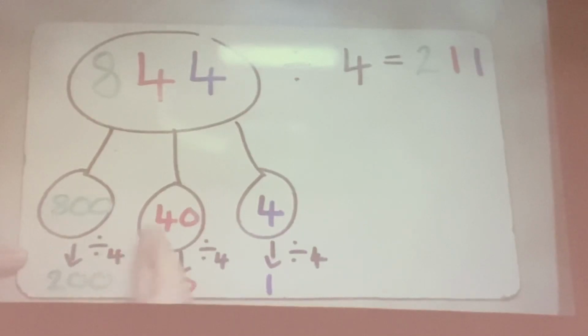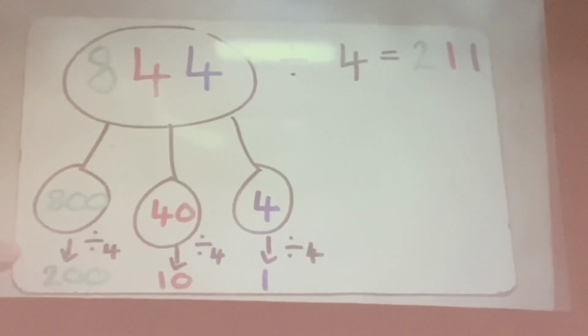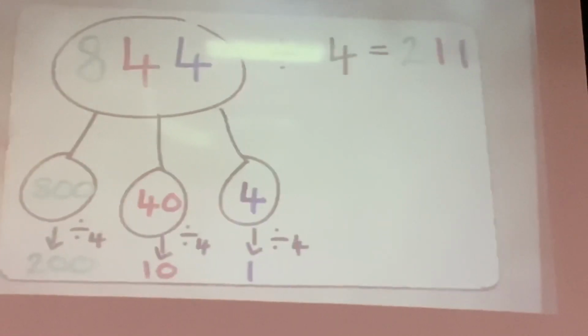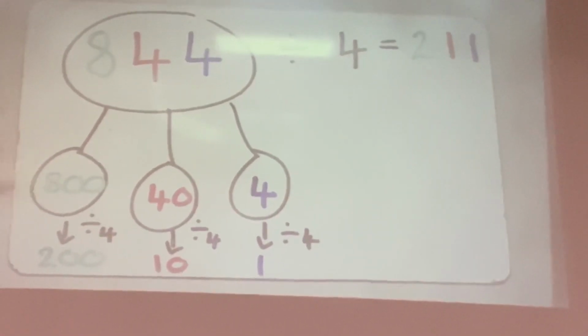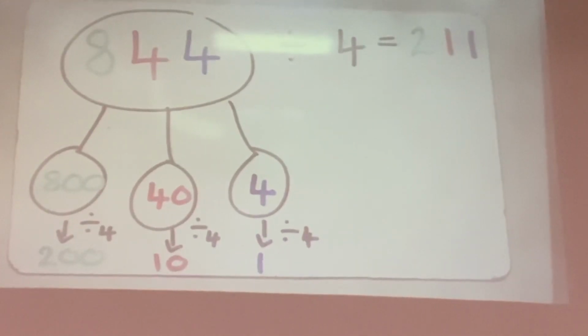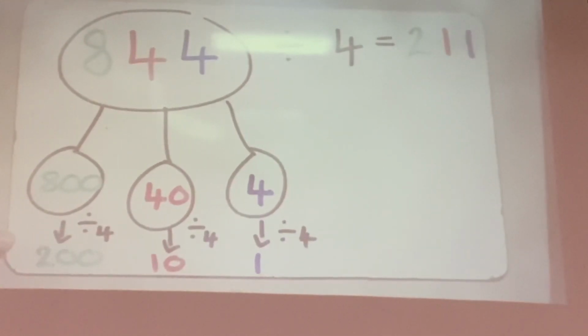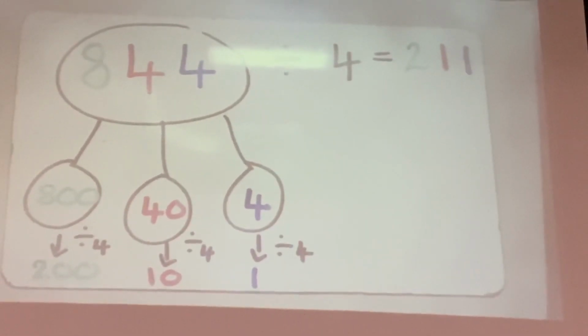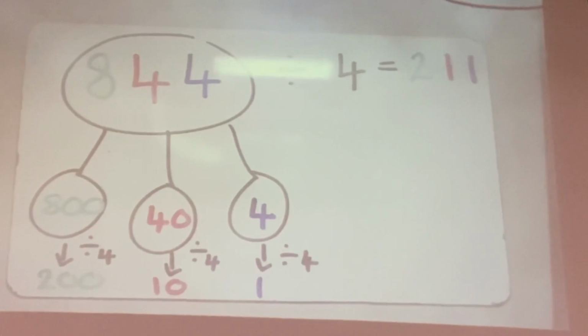You divide each of them individually by 4, and again, as we were saying earlier, if they don't know 800 divided by 4, you could do 8 divided by 4 to help you. They get the answers, add them together to get 211.